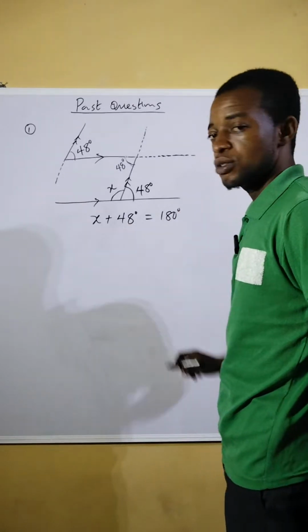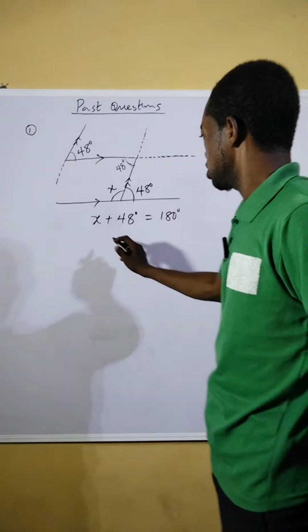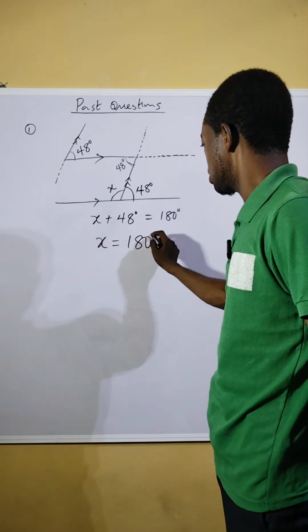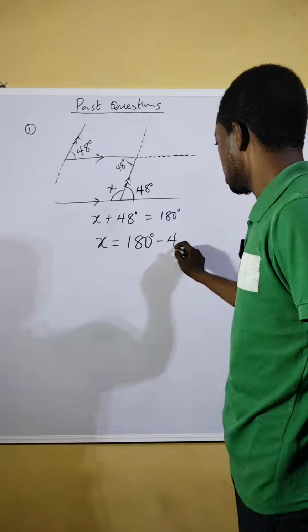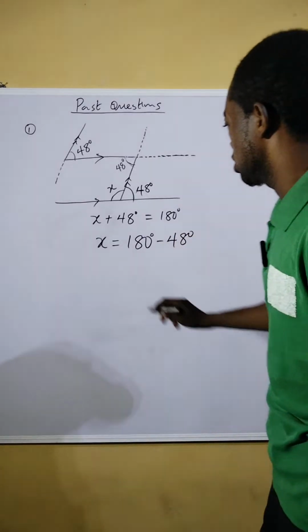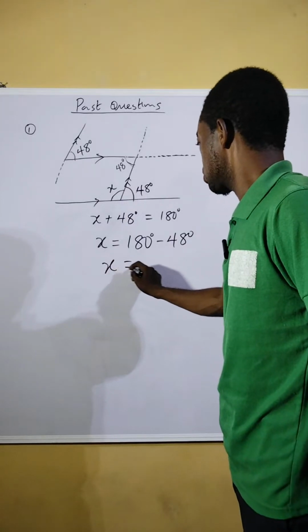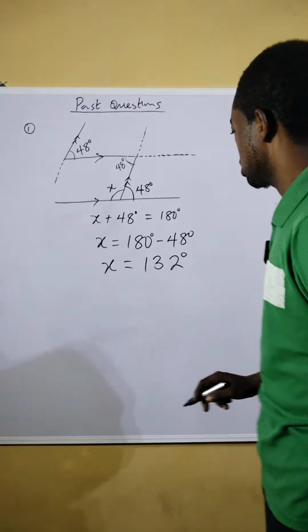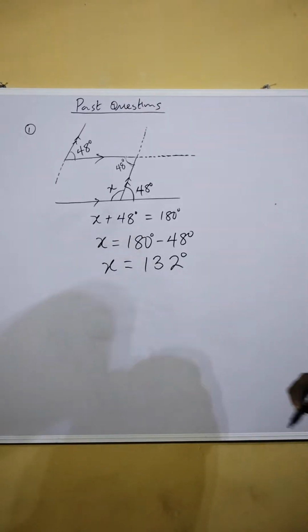That's sum of angles on a straight line, which implies x now equals 180 degrees minus 48 degrees, and which implies x equals 132 degrees. So that is how to handle this plane geometry question from here.